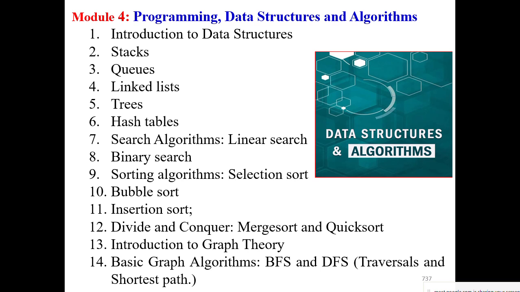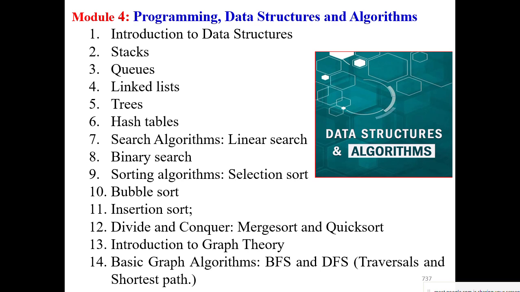What about binary search? The time complexity is order of log n, because it reduces the process. Binary search is a searching algorithm. First, we select the middle position element.